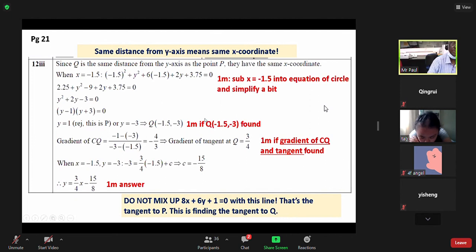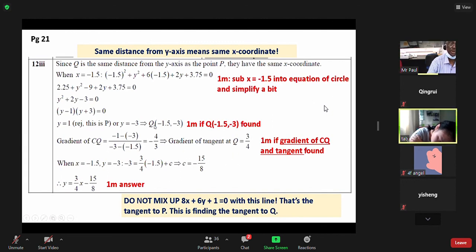Now, how do you find the equation of a tangent? Just imagine there's a circle and there's a tangent. You need to find the gradient of CQ, right? C is the center, (-3, -1). Q is this point. Of course, if this is wrong, then it goes wrong.